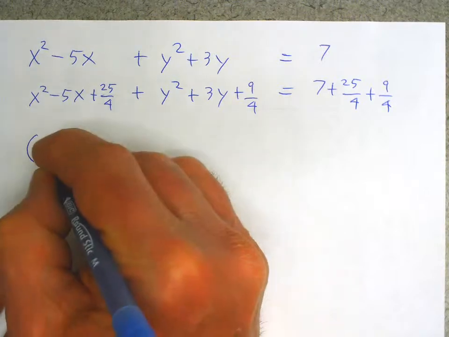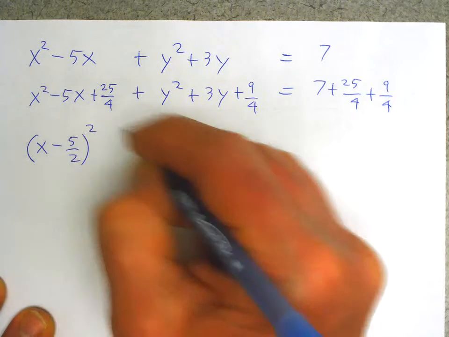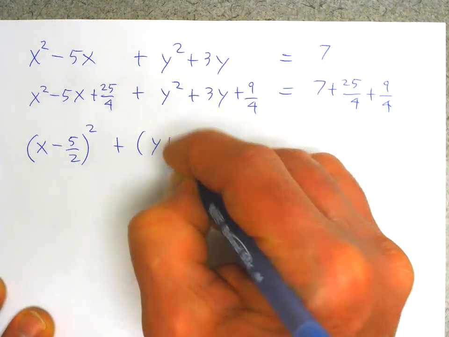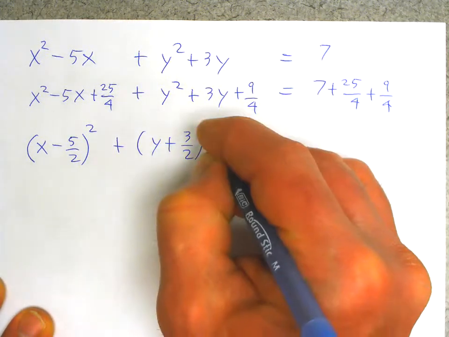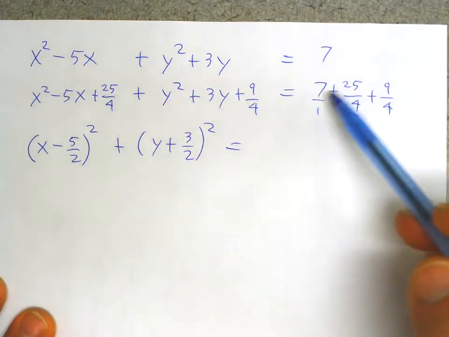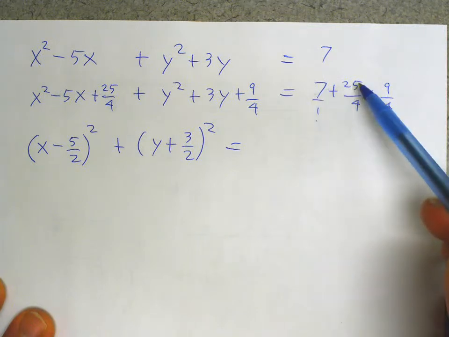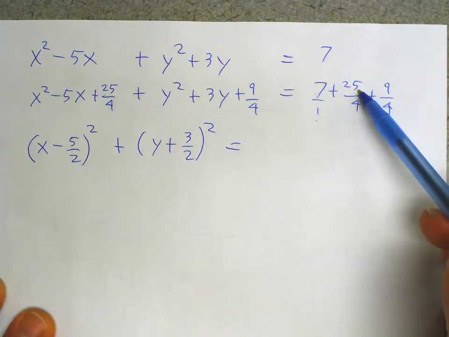And then we can write the standard equation, x minus 5 halves squared plus y plus 3 halves squared. And 7 over 1 is the same as 28 over 4. And 28 over 4 plus 25 over 4 is 53 over 4.